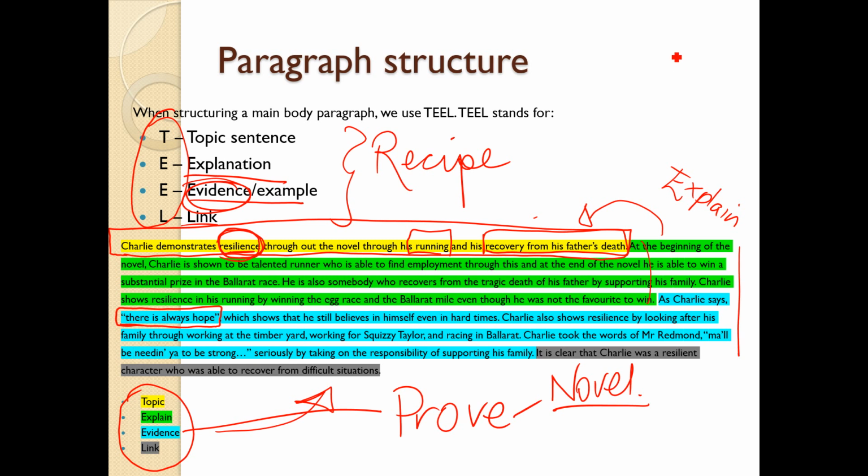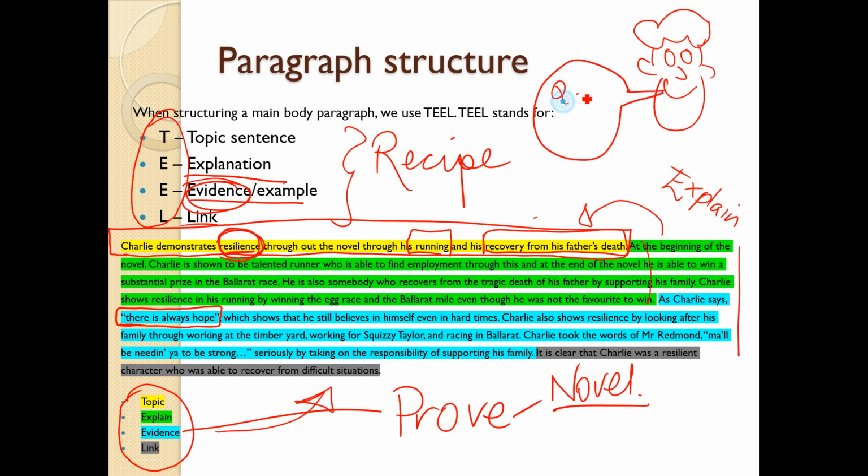A quote is generally taken from a character, here's Charlie. A quote is normally something he says, like the words he says, dialogue, when he says there's always hope, or it might be something that he's thinking. So it's what he says and what he thinks.